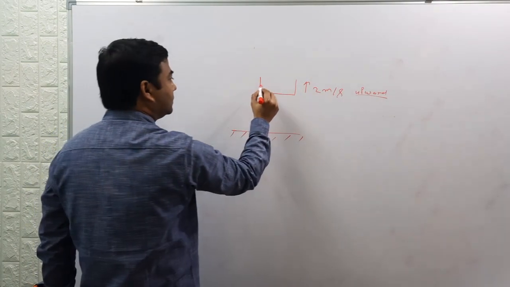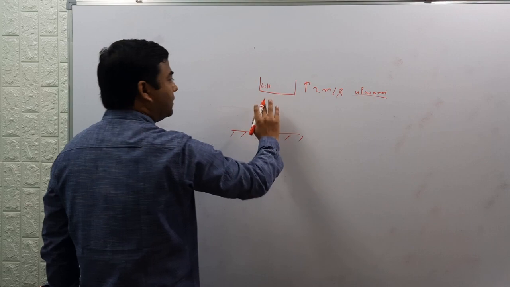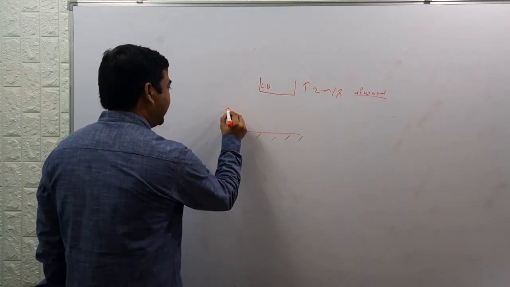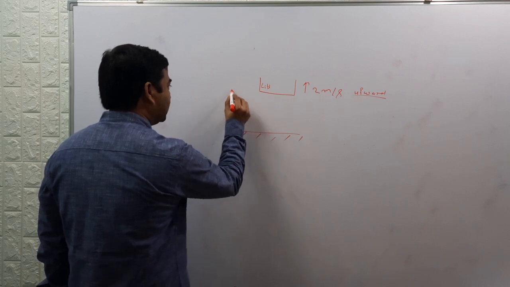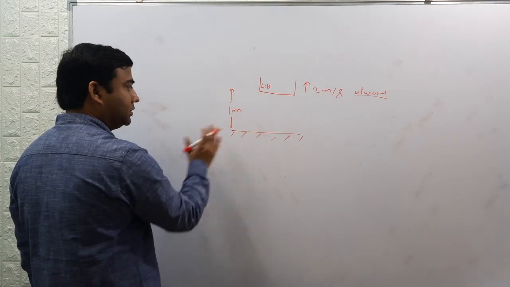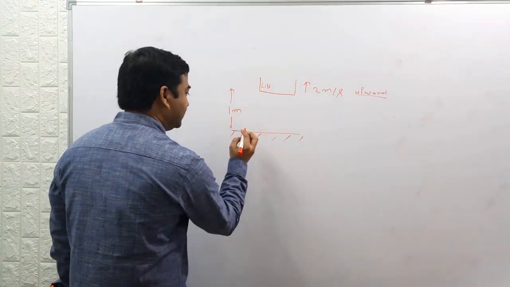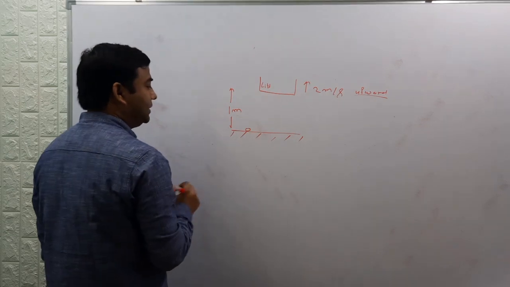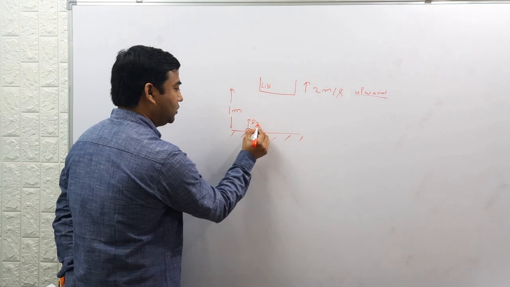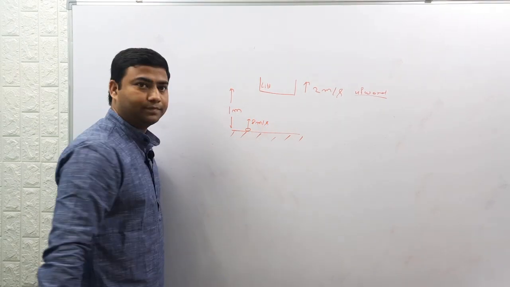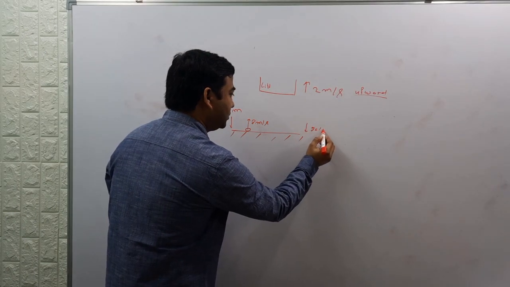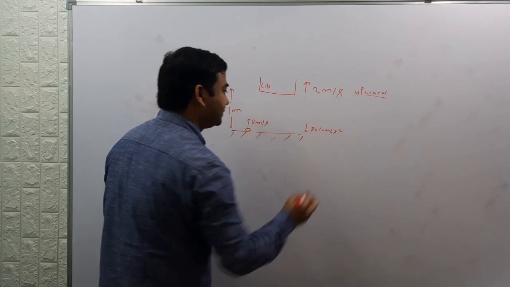When it is at 1 meter height from the ground, at that time, an object is projected upward with a velocity of 8 meters per second. The gravitational field is g equal to 10 meters per second squared.